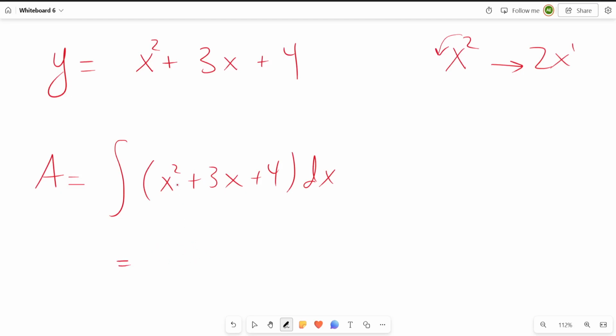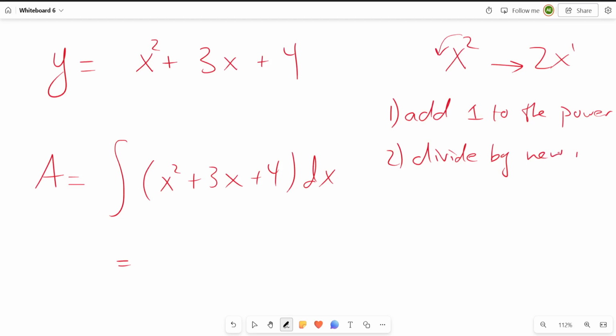The first step is to add 1 to the power and then divide by the new power. What does this mean? Let's see how we can do that. So for x squared, I need to add 1 to the power, so it becomes x cubed, and then divide by the new power, which is 3.